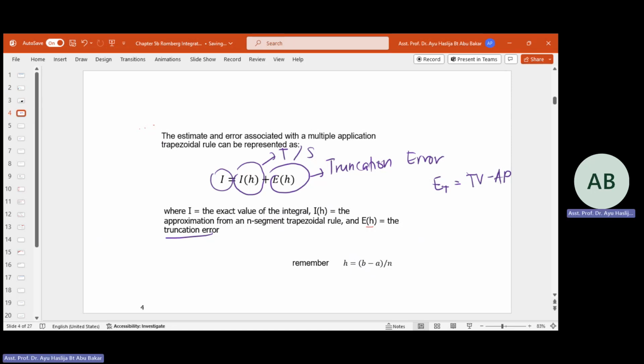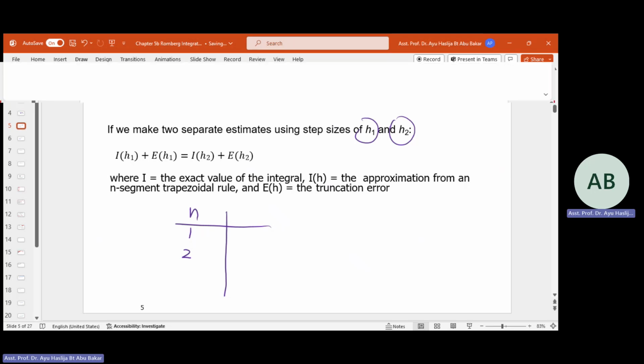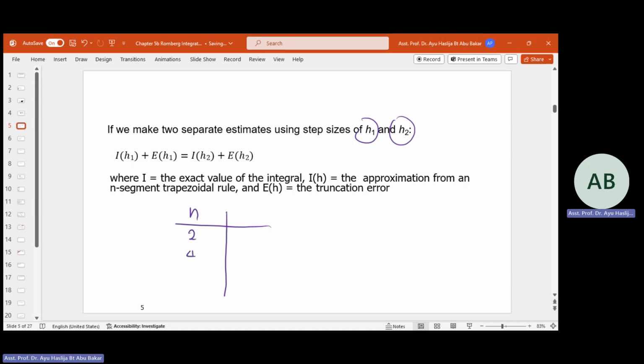Now H here is according to your step size. H is the step size because you will have different segments, different step sizes, right? Now let's say we have two estimations where you have the first step size and second step size. Let's say you have segments 2 and 4.